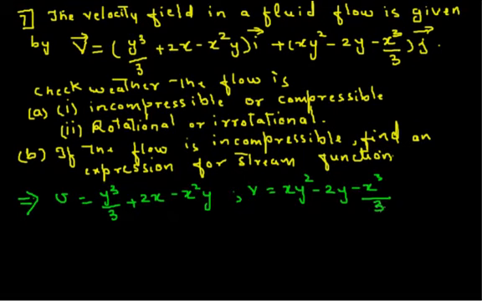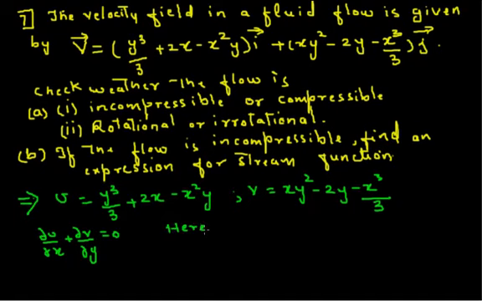If the flow is incompressible, then it should satisfy the continuity equation for incompressible flows, and that continuity equation in two dimensions is del u by del x plus del v by del y is equal to 0.